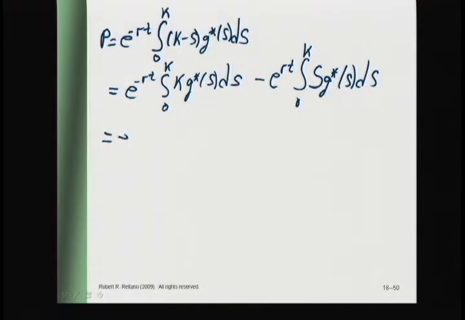This is e to the minus rT times K, and what is the integral from 0 to K of G star? Well, it's simply the probability that S is less than K.